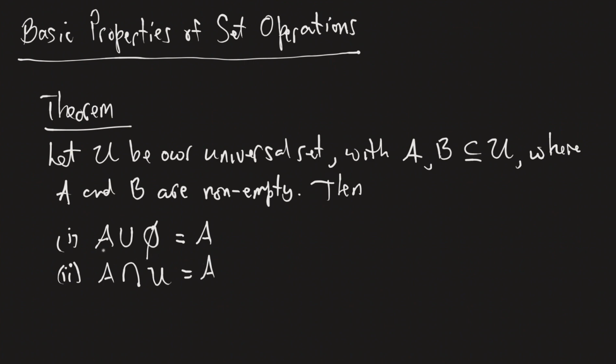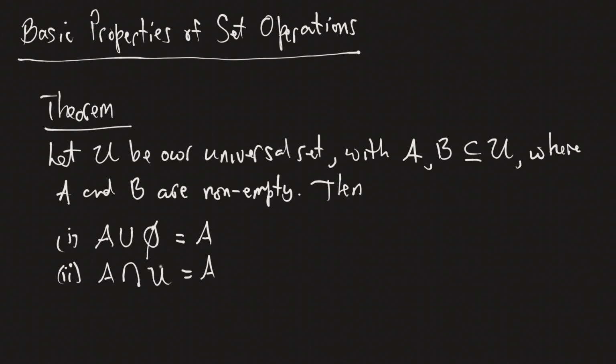So the first property here is saying take all the elements of A, all the elements of the empty set, for which there are none, and you put them together, and you're just going to get back A. This property is saying if you take set A and find all the elements that are in the universal set and A, those will be precisely the elements of A. Because remember, the universe for us contains all the elements under consideration.